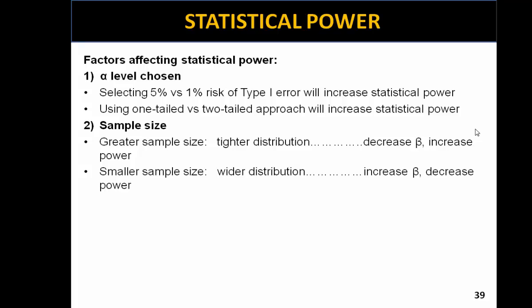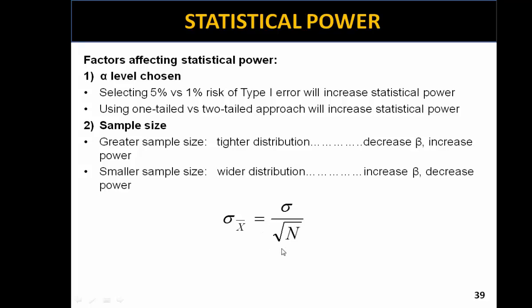The smaller sample size, alternatively, has a wider distribution and a larger standard deviation. That will increase the probability of committing a type 2 error and therefore decrease statistical power. Recall the calculation of the standard error of the mean, which includes the standard deviation in the numerator divided by the square root of the sample size.